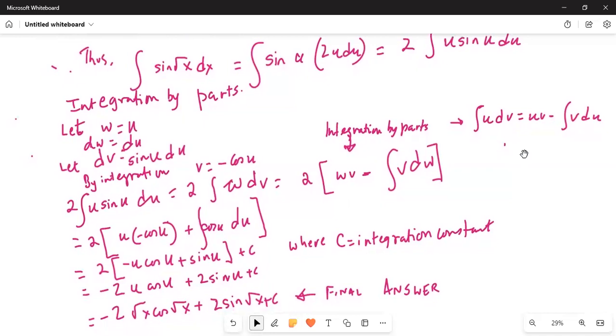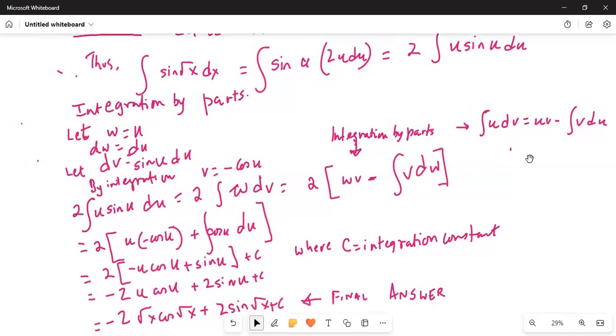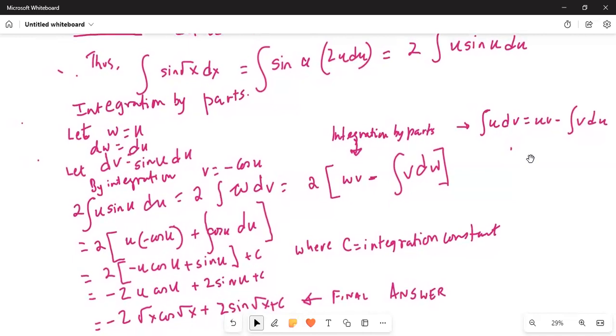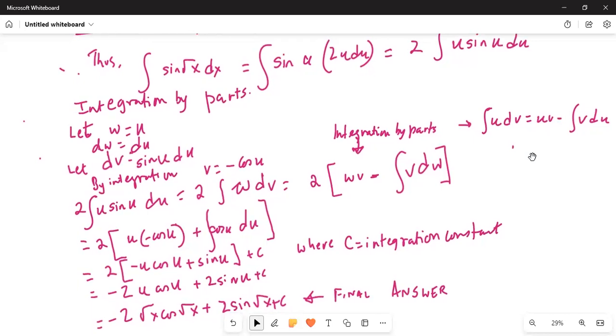So 2 times the integral of w dv equals wv minus the integral of v dw.